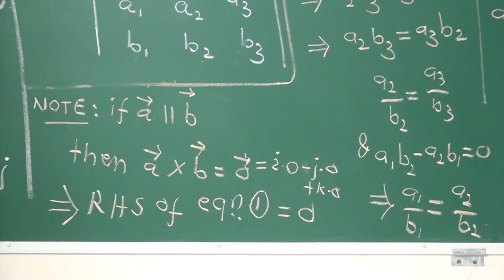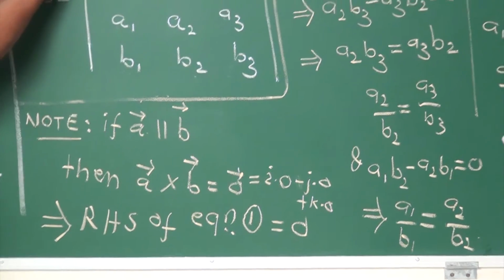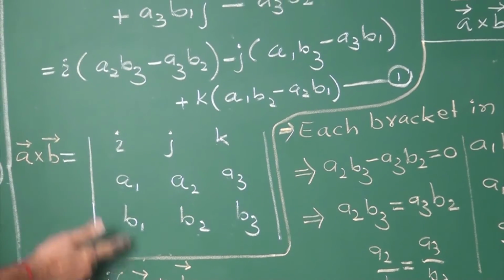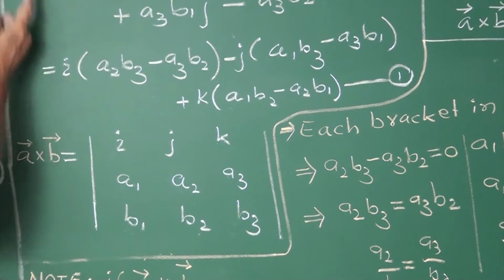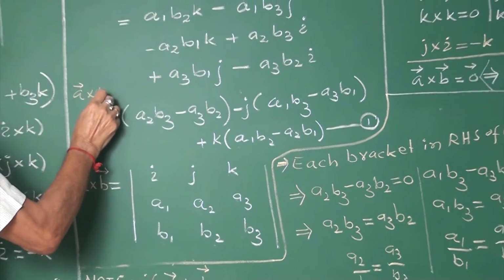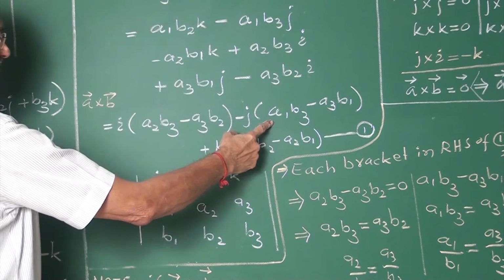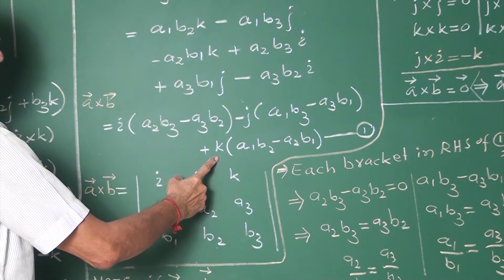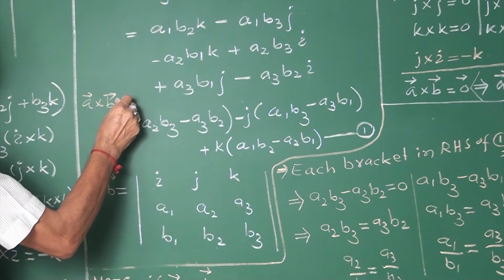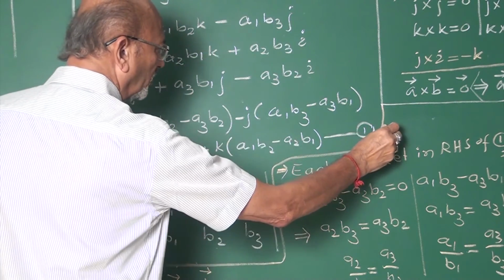But a cross b by 1 is i into this bracket minus j into this bracket plus k into this bracket. When this a cross b becomes 0, then this becomes 0 by 1, my friends.